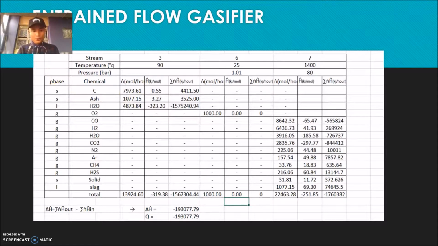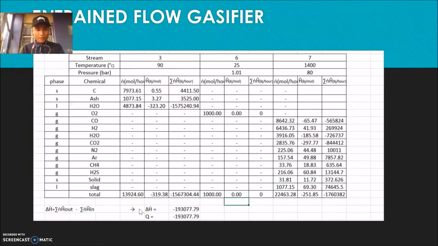For the phases, we use carbon as solid, hydrogen as gas, oxygen as gas, nitrogen as gas, sulfur as solid, while the slag made up of silicon is used as the reference for slag in solid form.